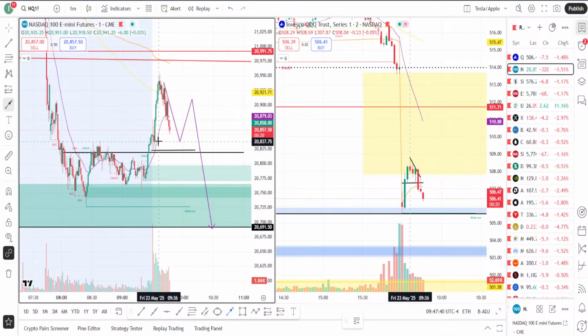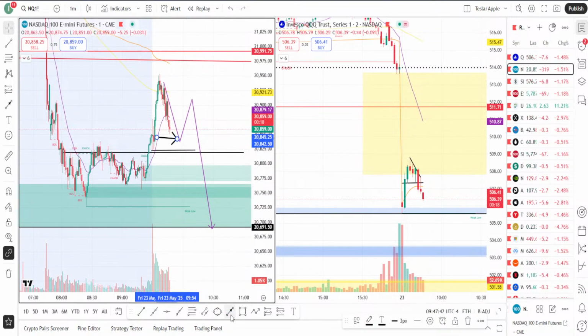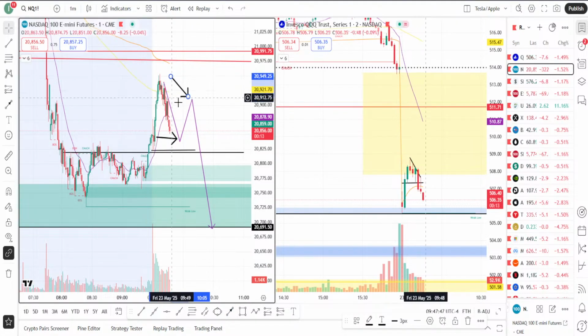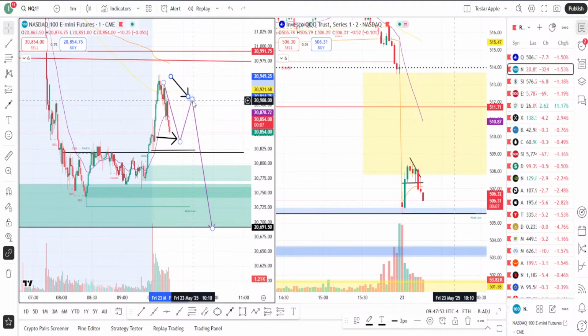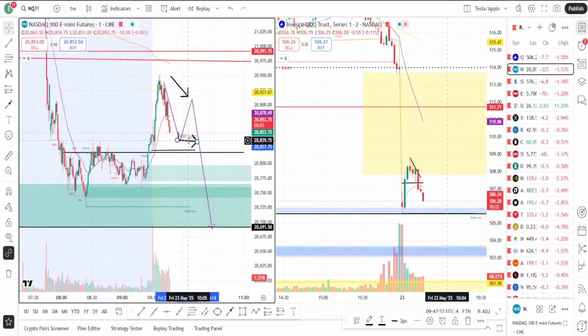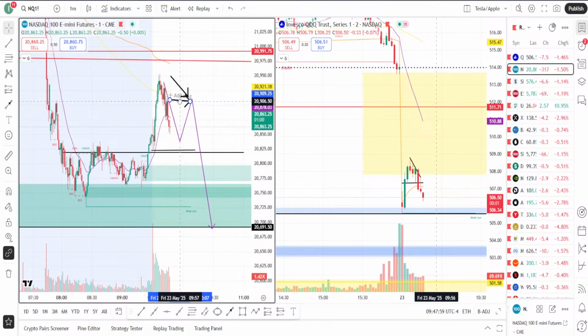Then you're stuck down here with a sell, and the market pushes up to create a lower high for your entries down here. So you enter here, you take a loss, and then it starts to push down and you enter here again, right? I like to rather enter up here.